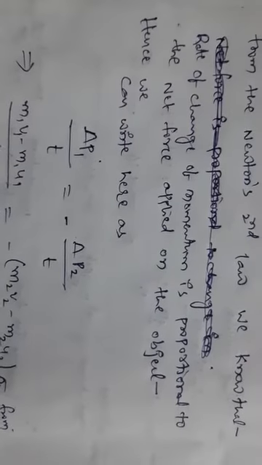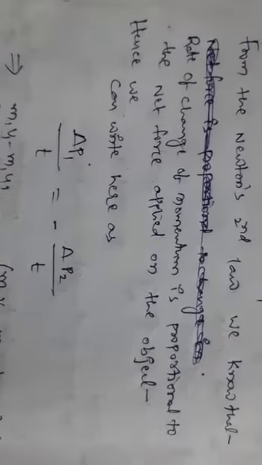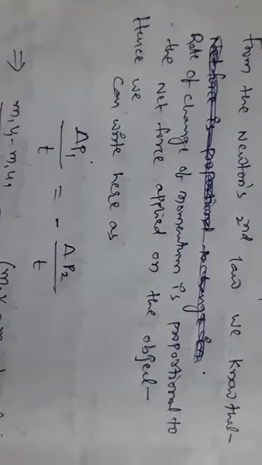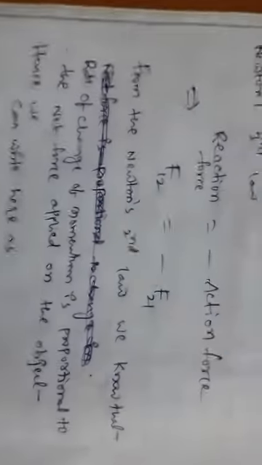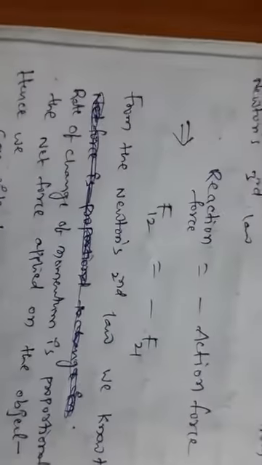That second law we can write in the form of an equation as delta p1 by t is equal to minus of delta p2 by t. Why? Because F is proportional to delta p by t from Newton's second law.